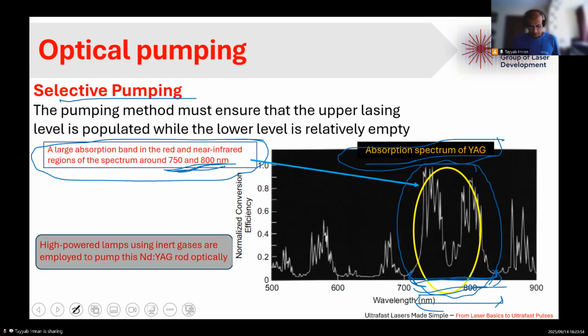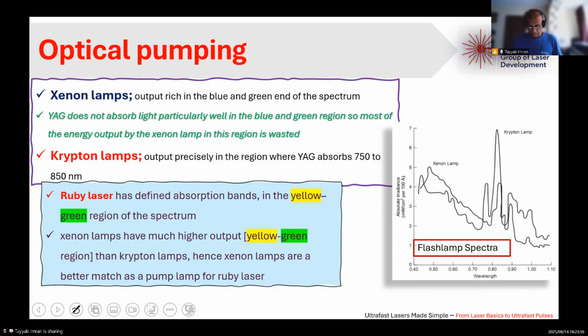For example, we have a xenon lamp as a pumping source, and it is rich in blue and green color, around 400 to 500 nanometers.